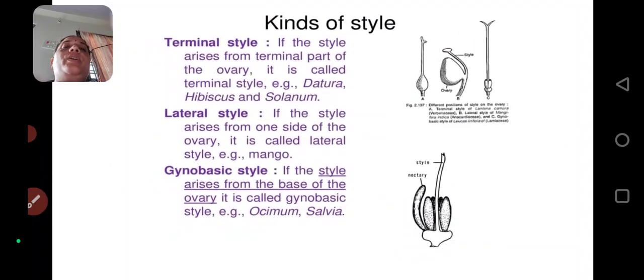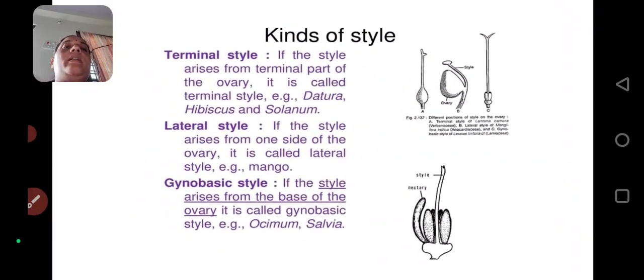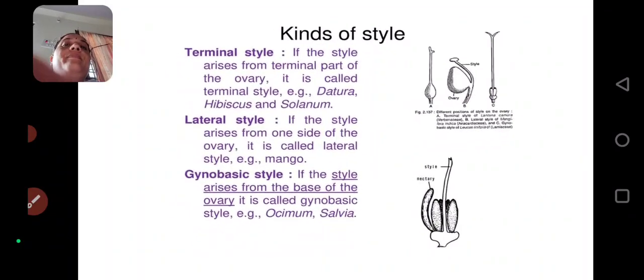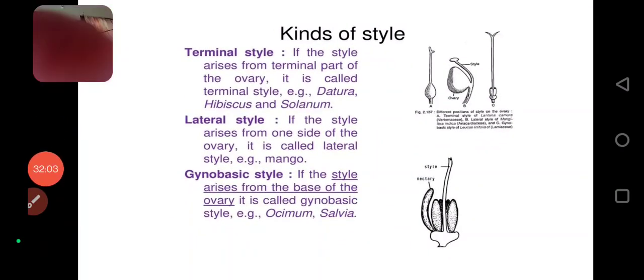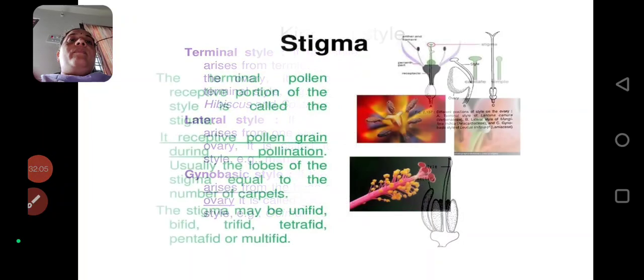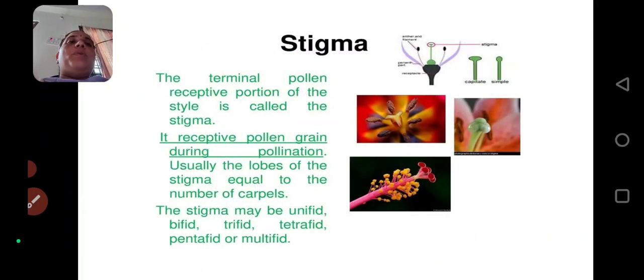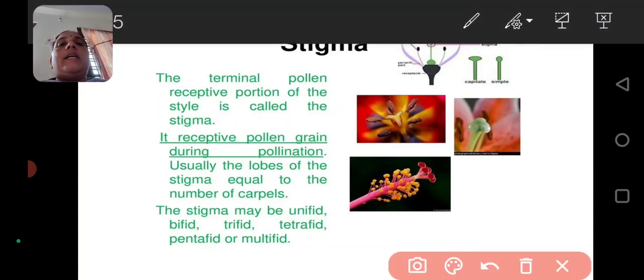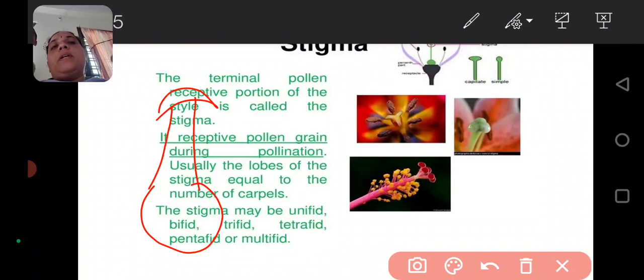The picture showing the gynobasic style. Next one is stigma. So what is the stigma? This is the style, this is the ovary, and this part is the stigma.